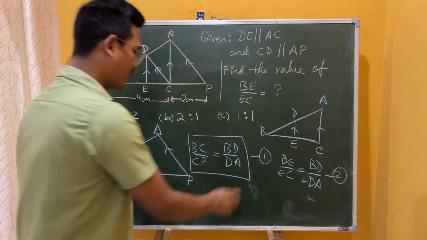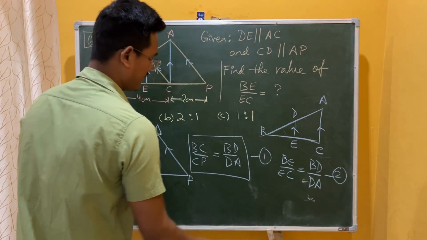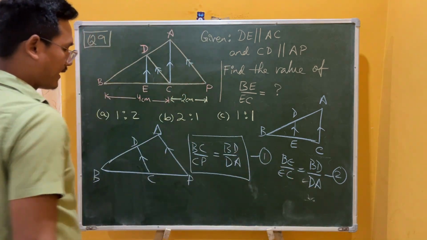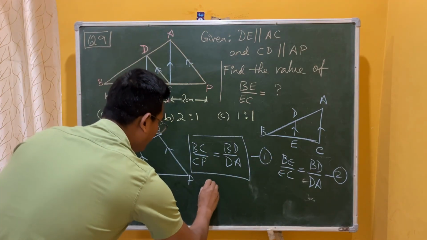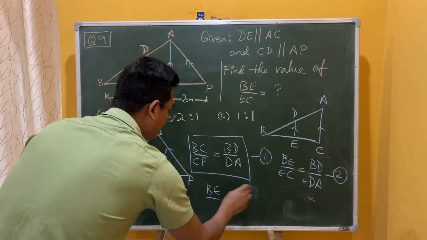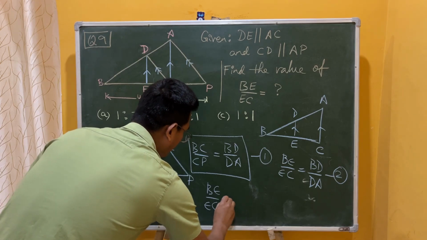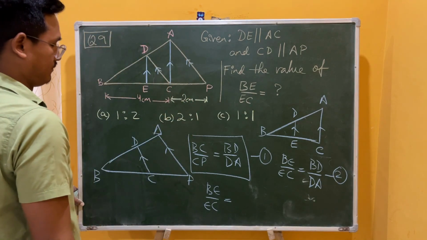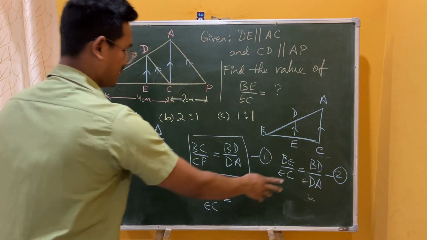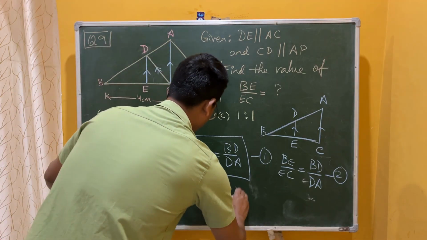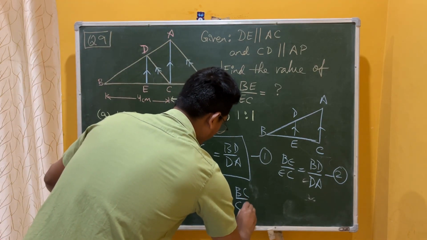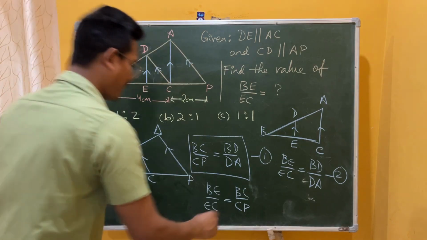Now from 1 and 2, what do you see? From 1 and 2 I can write that BE upon EC equals BC upon CP, right?